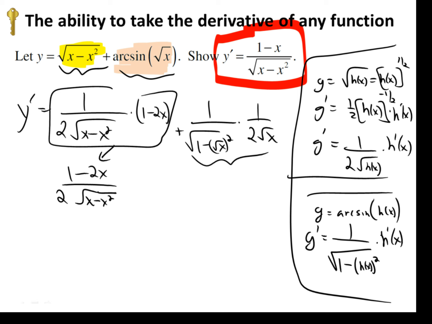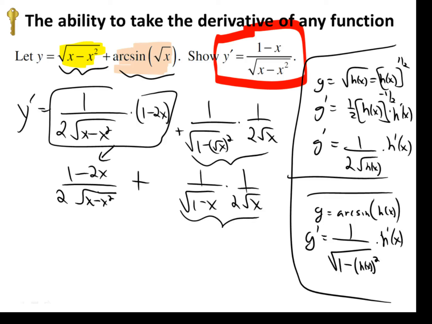Okay, we have some work to do yet on this second part. Square the root x and get an x. And so then that's going to be simplified as root 1 minus x. And then we have a 2, and then we have a root x. These two can be combined, on this right-hand side.